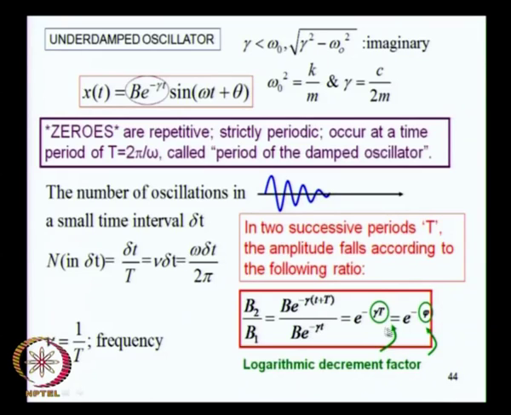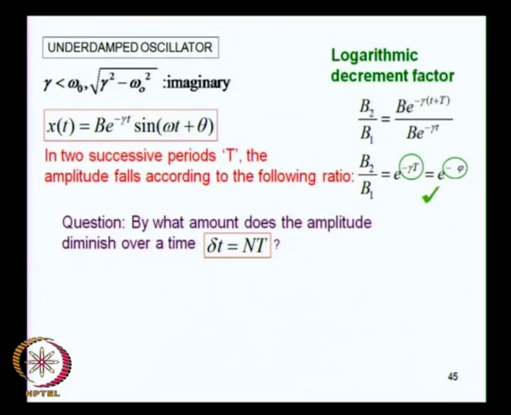So, this ratio is nothing but e to the power minus gamma T. So, since this is an exponential function, this is called the logarithmic decrement factor. So, this is the factor through which the amplitude falls over successive periods.